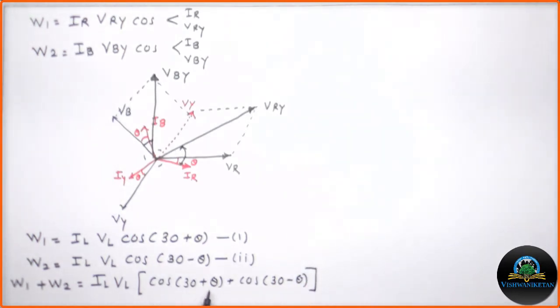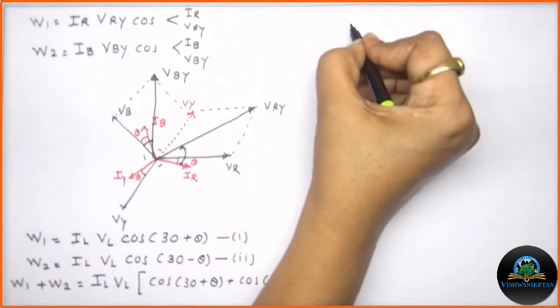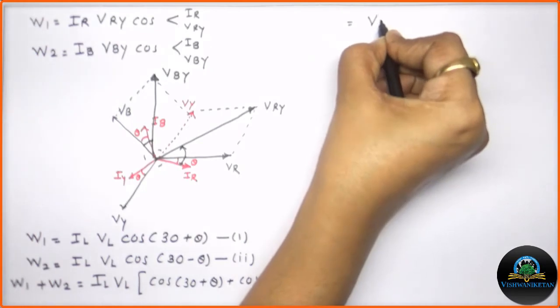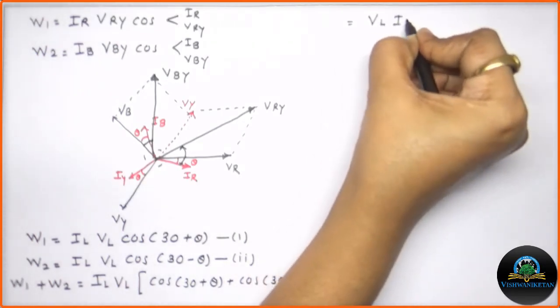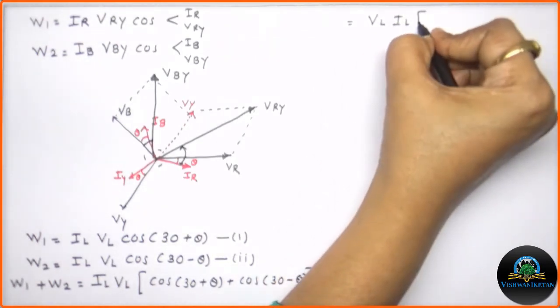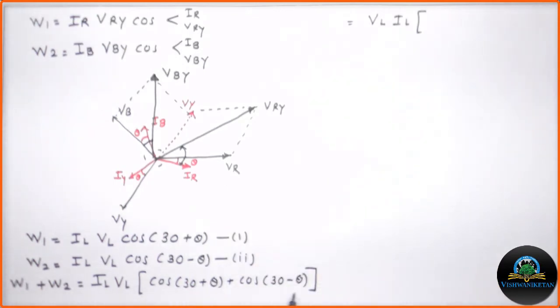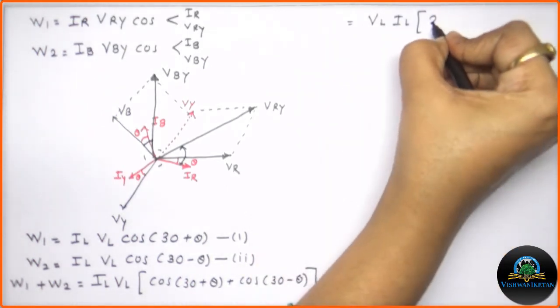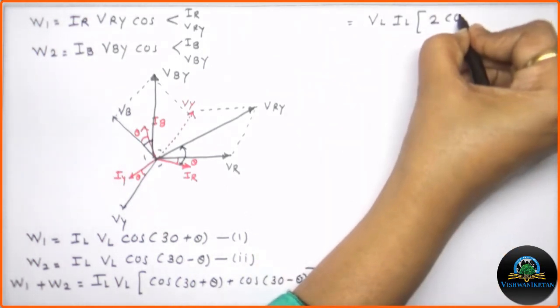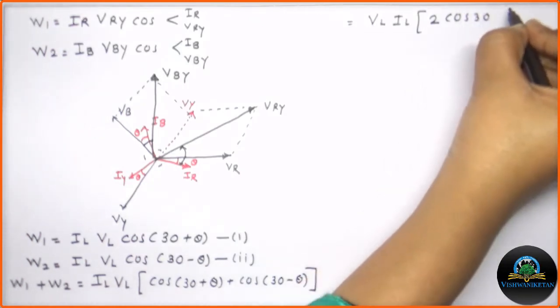By using the trigonometric identities for cos 30 plus theta and cos 30 minus theta and adding these two values, we'll be getting VL, IL as it is, and if you open the bracket, this will come to cos 30 and cos theta.